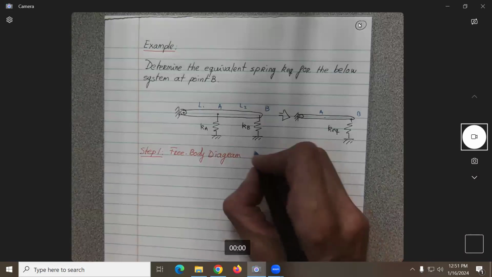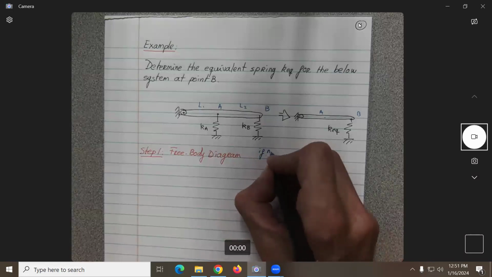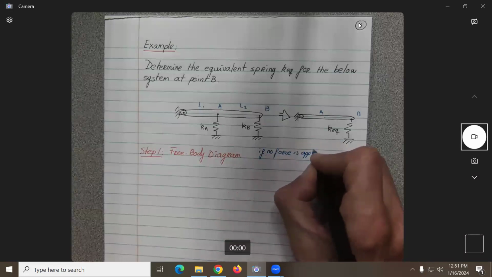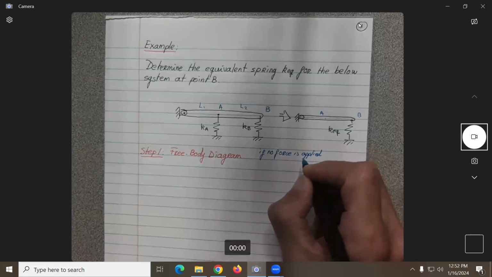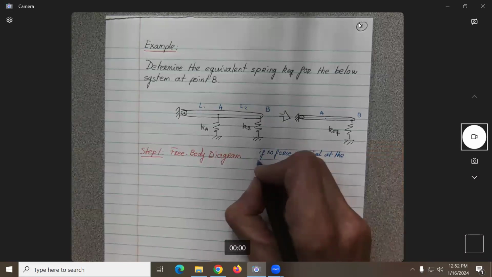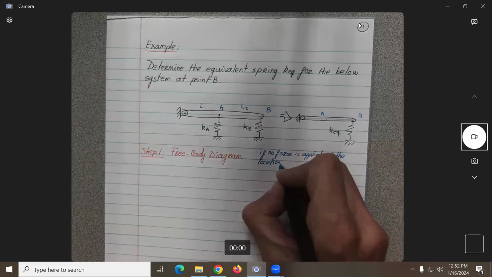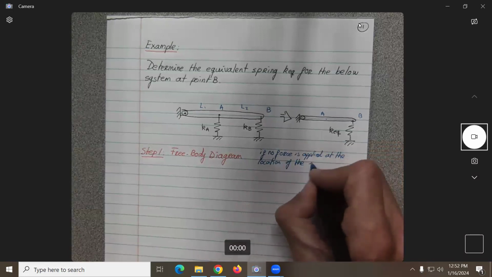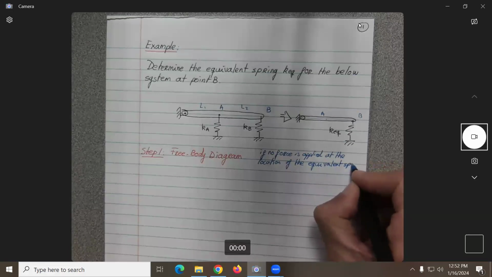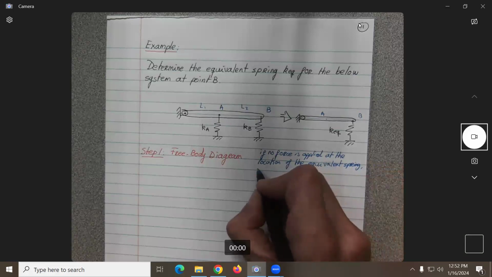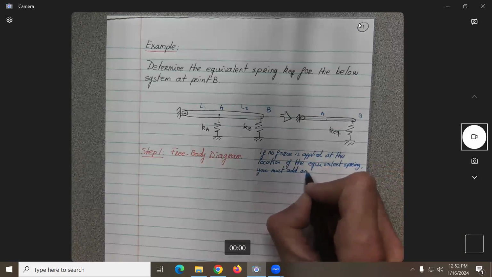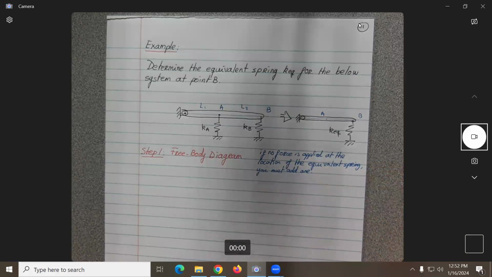But I'm going to put over here, if no force is applied at the location of the equivalent spring, you must add one at that location.